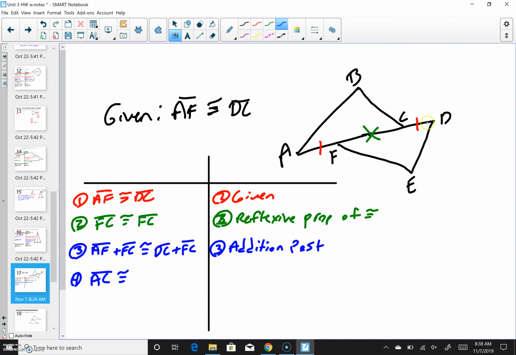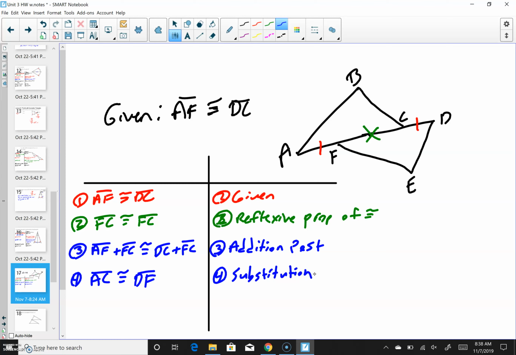And the same thing, when you take DC and you add FC, you get the whole thing, which is DF. And what are we really doing? Well, we're taking two pieces that are added together and substituting in the whole piece in its place. So that is going to be our substitution part of this.